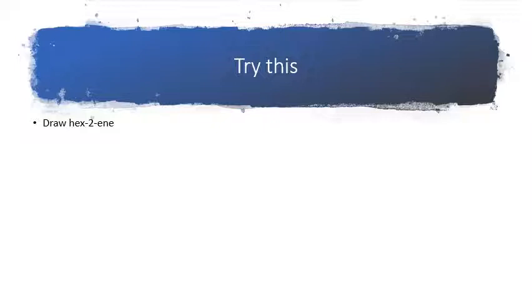Right, what I would like you to do is try this. I would like you to draw hex-1-ene. You might want to pause this narration just now in order to try and draw this on a bit of paper. Okay, so how would you go about drawing it?